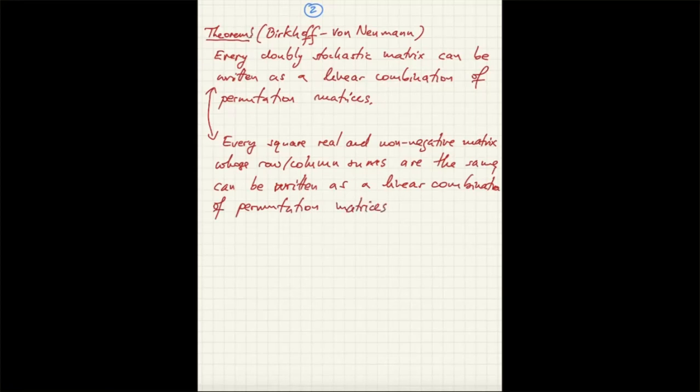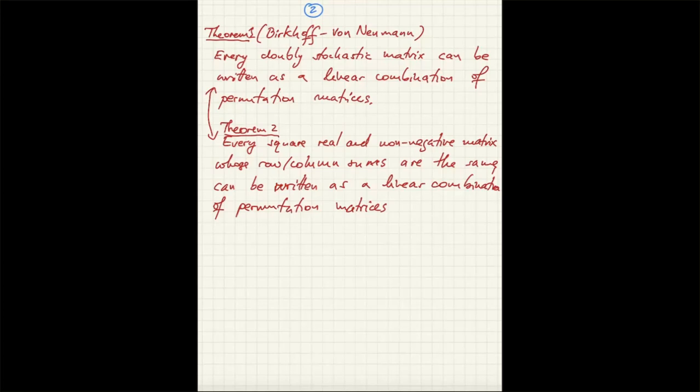So if you call the first one theorem 1 and the second statement theorem 2, it's not too hard to see that they're equivalent. Well, clearly theorem 2 implies theorem 1 because theorem 2 is clearly a generalization of theorem 1. And now if you know theorem 1, then how can you prove theorem 2? Well, if you take a matrix whose row and column sums are, let's say, 100, then you just divide all the entries of that matrix by 100 and you get a doubly stochastic matrix.